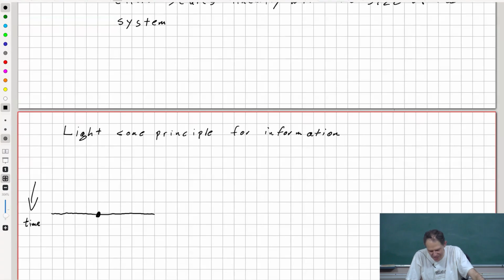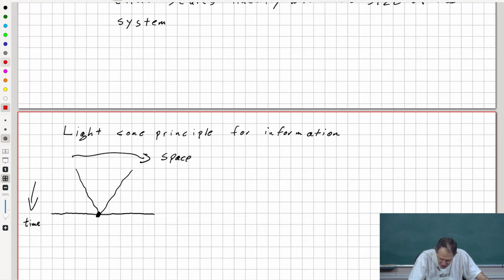In this context, we'll draw time always downwards and say this here is space, and say this point here is now. Then all the information that is influencing this point converges in this light cone.